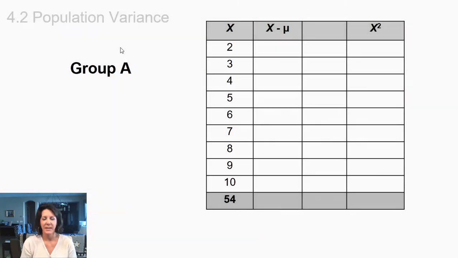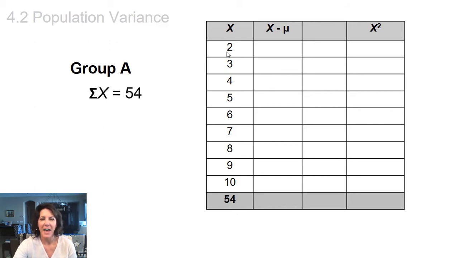We can do this. So when I'm getting ready to calculate sums of squares, I often set up a table something like this. So these are the scores from the group A data from the last video. Here they are listed, 2, 3, 4, 5, 6, 7, 8, 9, 10. So these are individual scores. If you'll remember from group A, there was one of each score, so that's why it looks this way. If I were to find the mean of these scores, I would first have to find the sum of those scores, and I just did that.